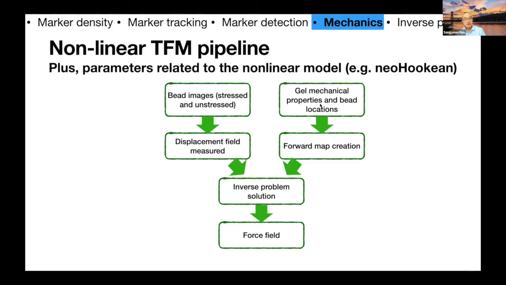For the nonlinear mechanics, we have to have the initial Young's modulus and some nonlinearity parameters like alpha. And we also have to have the bead locations to map out the forward map to the location. Using this measured displacement field and forward map, which I'm going to talk about in the next slide, we solve the inverse problem. Then we get this force field. So that's a general pipeline.